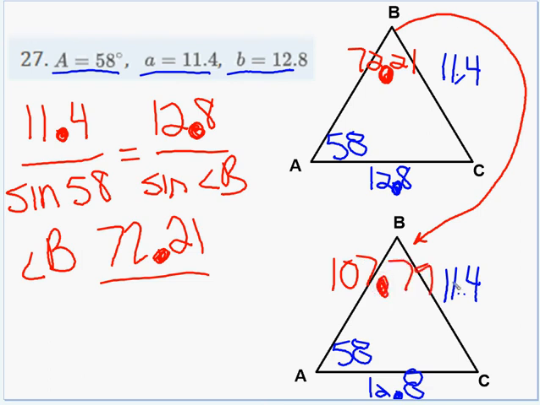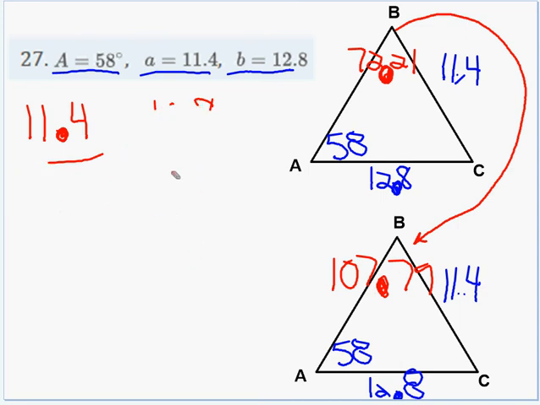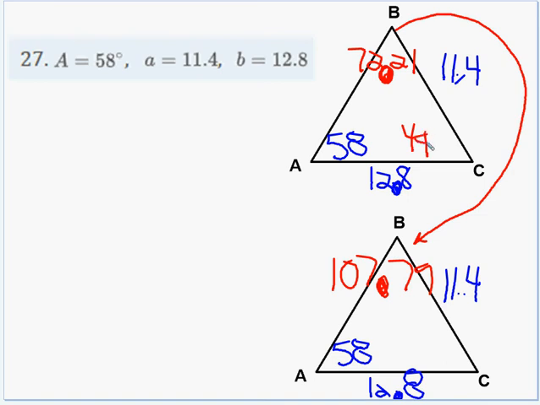So now for both of these triangles, there are enough degrees to have an angle C. Up here in the top triangle, if we take angles A and B and subtract from 180, angle C down here is 49.79. And in the other triangle, where angle B was much bigger, angle C, of course, is going to be a little smaller. This angle C down here is 14.21.